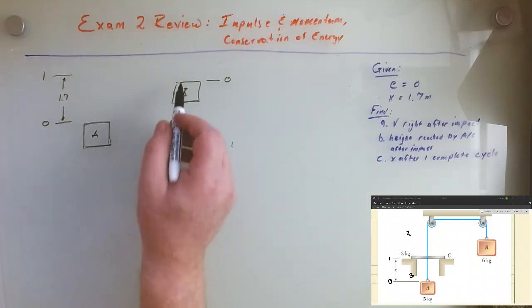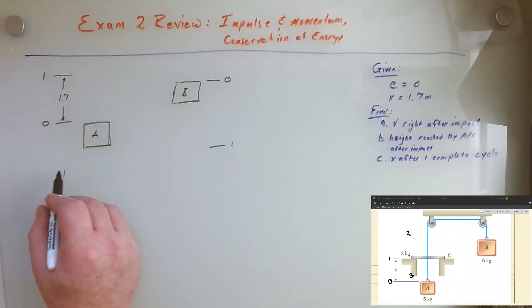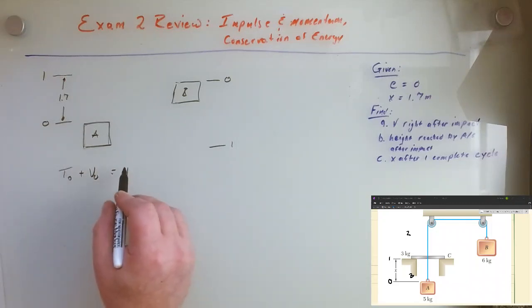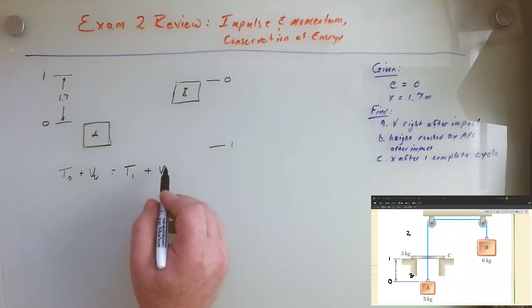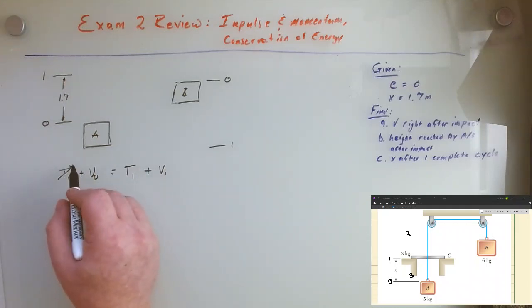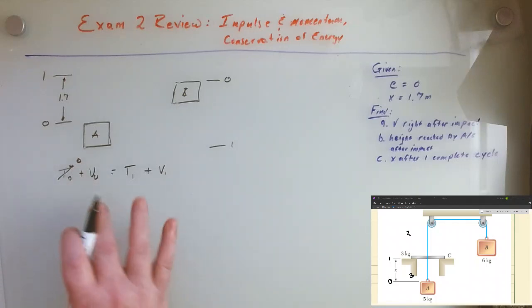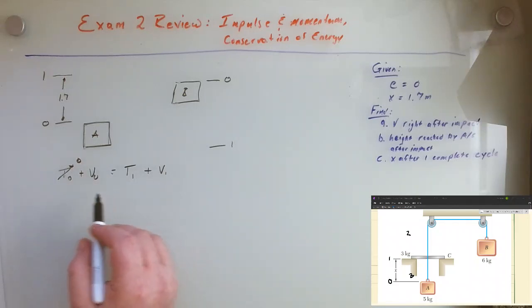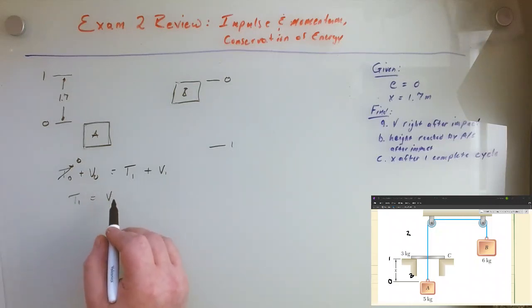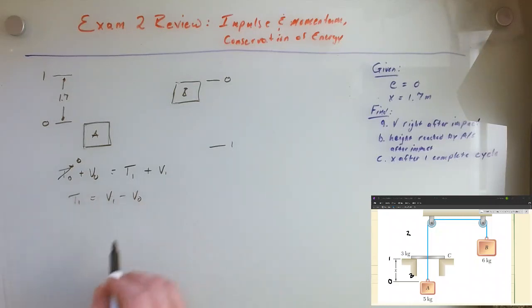The system is released from rest, so let's see, T0 plus V0 equals T1 plus V1. Alright, it's released from rest, so there is no T0. And if we rearrange this, then we get that T1 equals V1 minus V0.